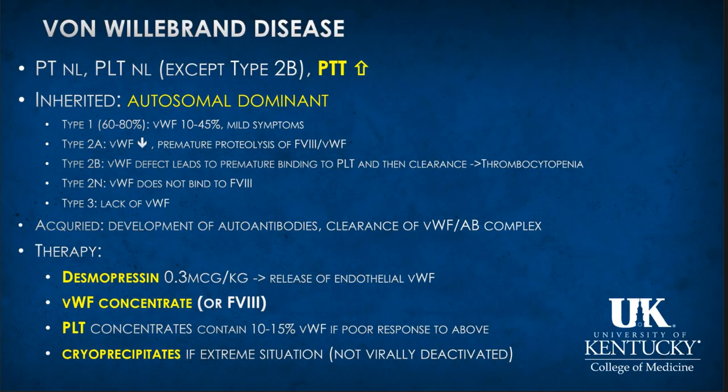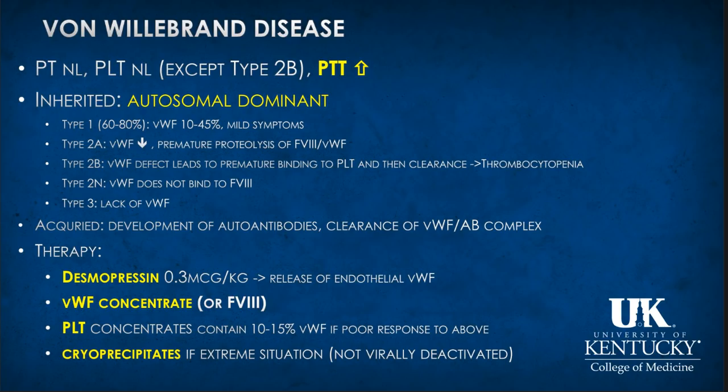And there are different types depending on what kind of von Willebrand deficiency or abnormality you have. Majority of von Willebrand patients have type 1, which also means you only have a decreased factor activity. Type 2 and type 3, from abnormal looking von Willebrand factor to complete absence of von Willebrand factor, that is the difference in what type you have.